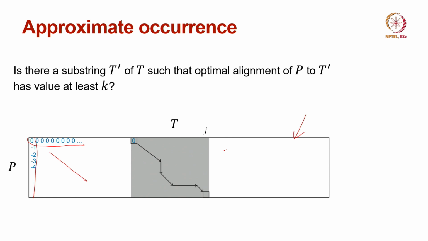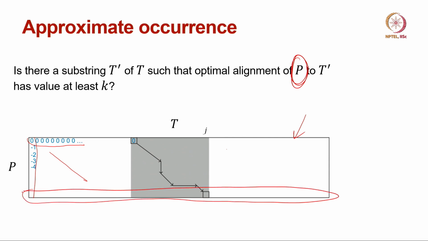now we have to check whether there is a substring T' of T such that the optimal alignment of P to T' has a value at least k. Because the alignment is focusing on the entire pattern, not just a prefix, we have to look at the last row of this dynamic programming table, and check whether we have achieved a score of at least k anywhere in the entire row.